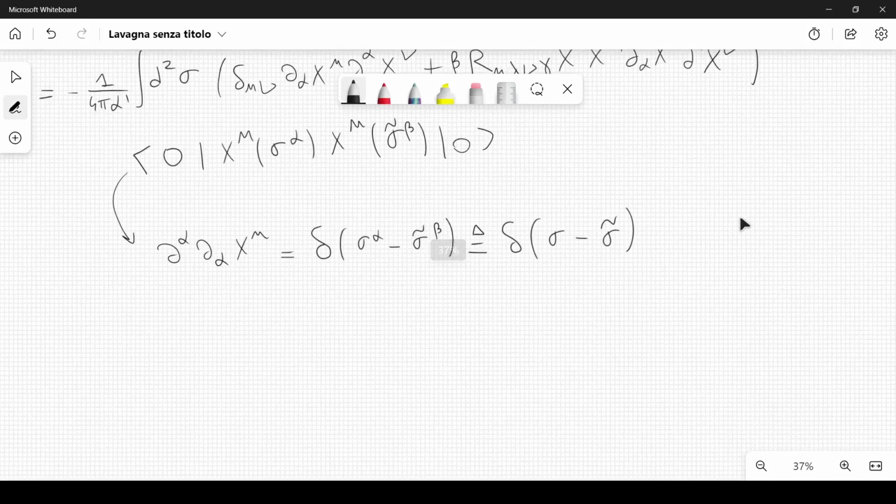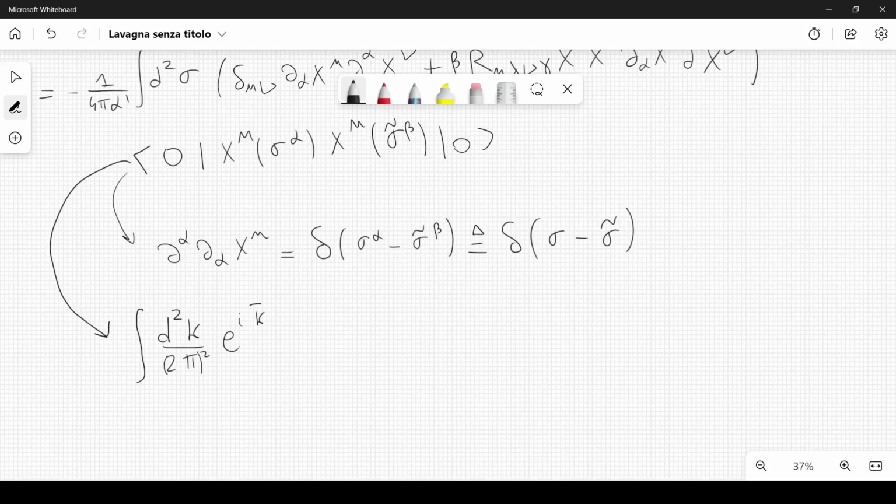Now we can write this expectation by expanding it like this in a Fourier series: d squared k over 2 pi squared. So we have to integrate over d squared k, e to the i k dot product with sigma minus sigma tilde vector. So we take the dot product between these two vectors, and then here I have a function f of k.